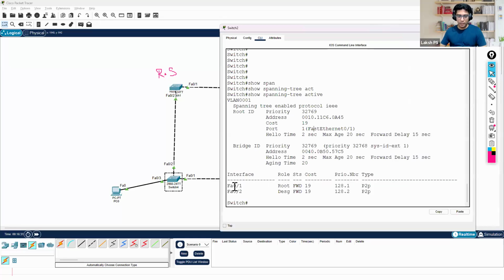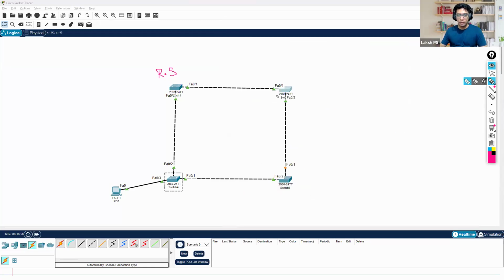you can see the cost on interface 0/1. When I do show spanning tree active on switch number 2, it will also show me the spanning tree cost of these interfaces. On all the Fast Ethernet interfaces, the spanning tree cost is 19. So to reach the root switch via this, the cost is 19.